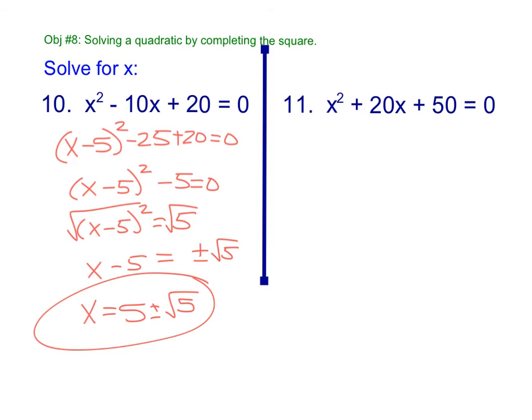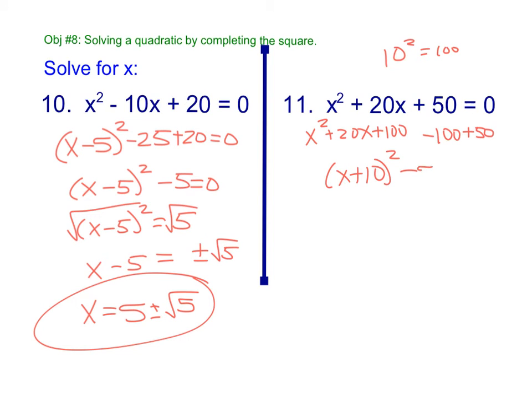Pause the video. All right, so half of 20 is 10, and then 10 squared is 100. So it's x squared, I'll show more work for this one, 20x plus 100. So that's x plus 10 squared. Then we do minus 100 plus 50.